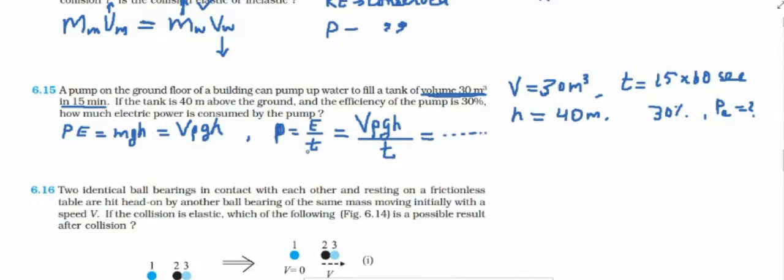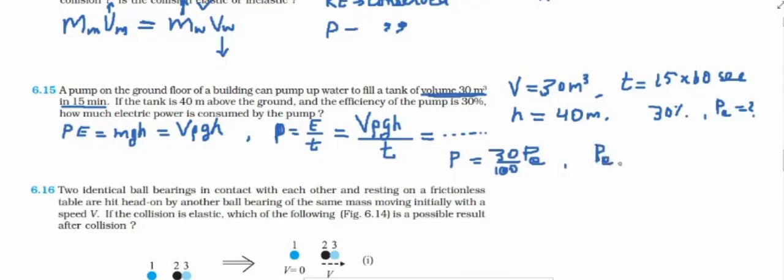And according to the question, this power is only 30% of the electrical power spent. That means P is equal to 30% of the electrical power.